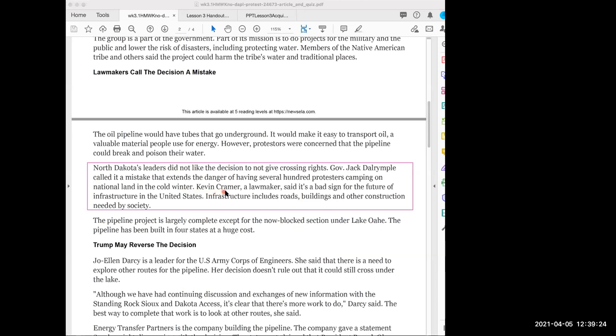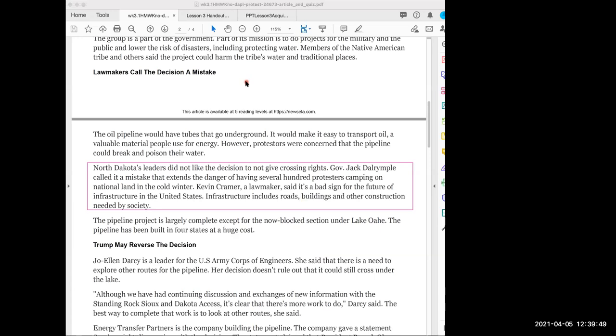Kevin Kramer, a lawmaker, said it's a bad sign for the future of infrastructure in the United States.